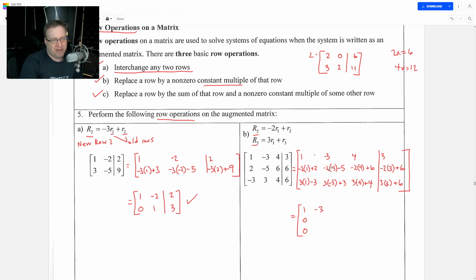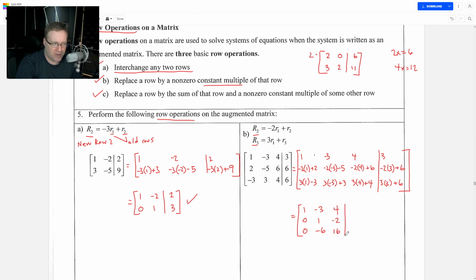Then we have -2 times -3, which is 6, minus 5 is 1. 3 times -3 is -9, plus 3 is -6. Then we have 4. Then we have -2 times 4 is -8, plus 6 is -2. 3 times 4 is 12, plus 4 is 16.